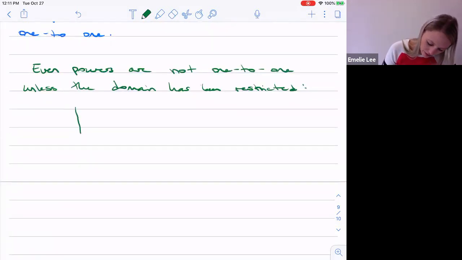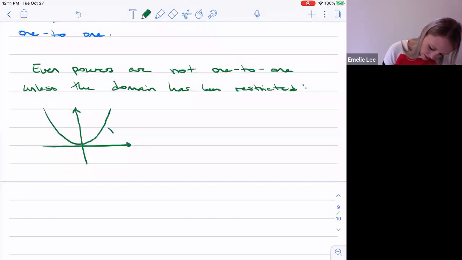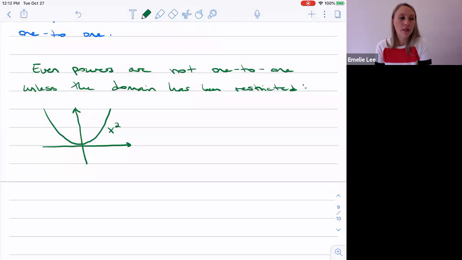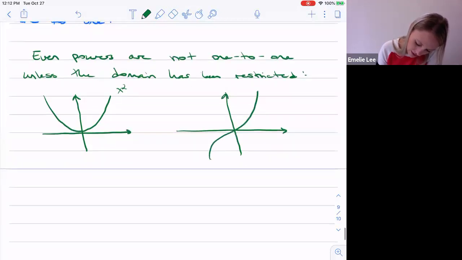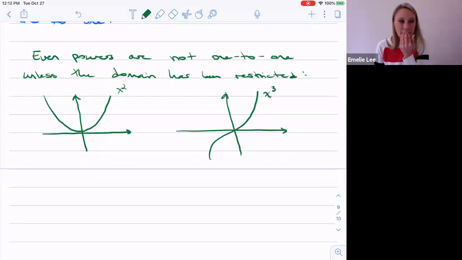So for example, if we've got something like x squared here, that's an even power, versus x to the power of 3, something like this.